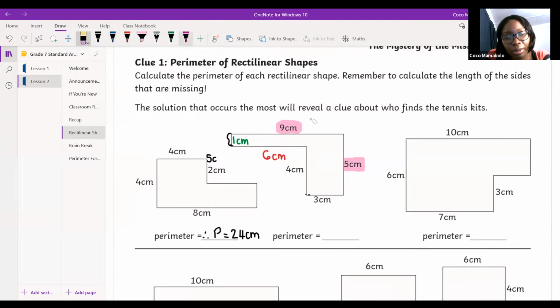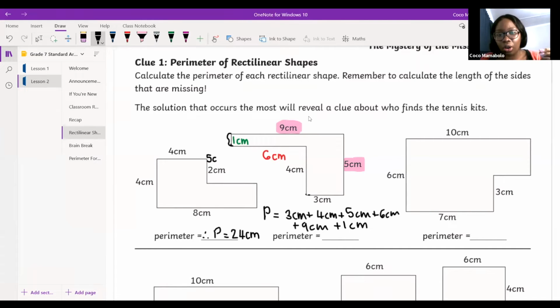Okay, if I had to calculate the perimeter, what would I write? I would go capital letter P is equal to, now you give me all the dimensions or all the lengths. Can you give them to me, Ola? All the lengths so that we can calculate the perimeter. What are we going to do? Okay, 3 centimeters plus 4 centimeters plus 5 centimeters plus 6 centimeters plus 9 centimeters plus 1 centimeter.